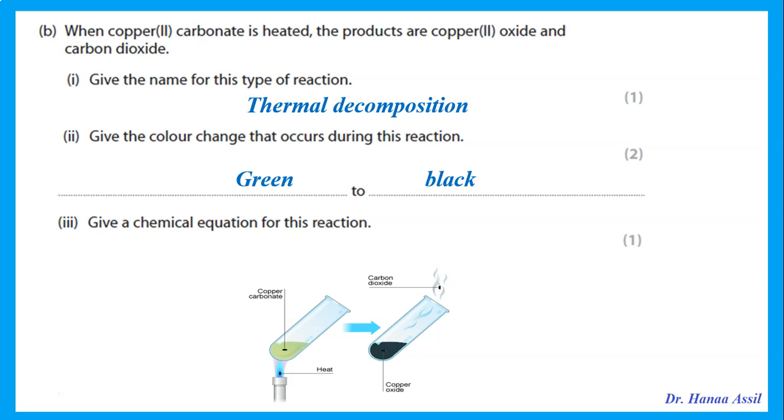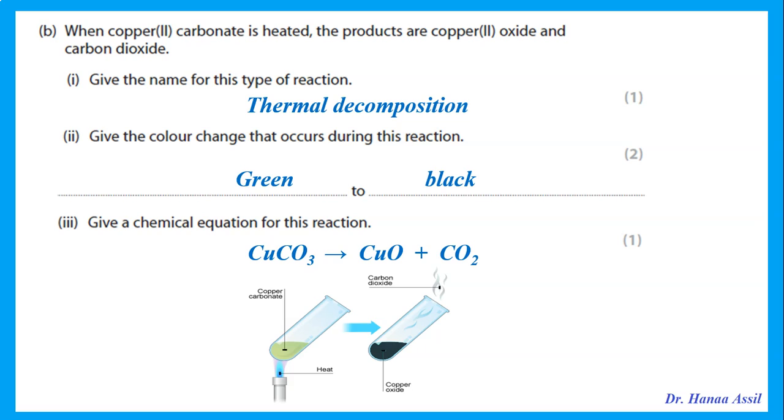Now give a chemical equation. Again, that means symbols and balanced. We're starting with copper carbonate. How do I write copper carbonate? I write the symbols and then the valency of one under the other. But here the valency of copper is 2. That is written up there, and you should know that the valency of copper is 2. The valency of carbonate also is 2, so you don't write 2 anywhere. They cancel.